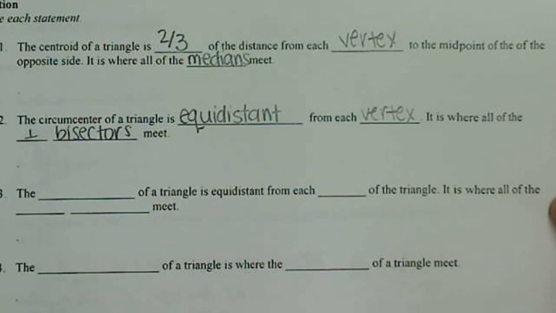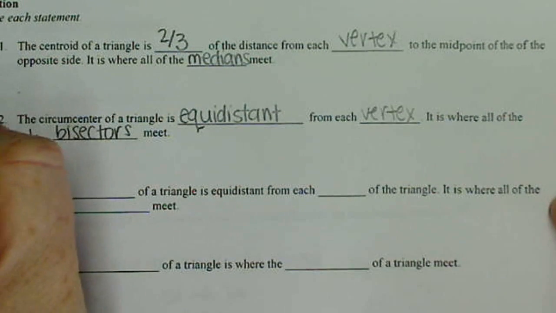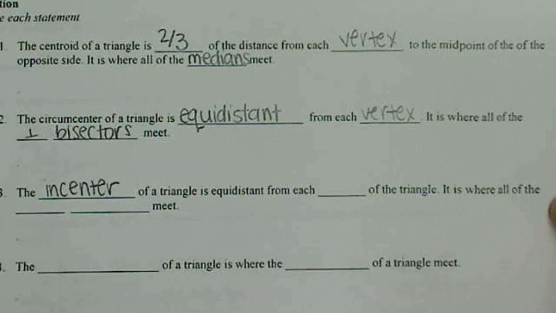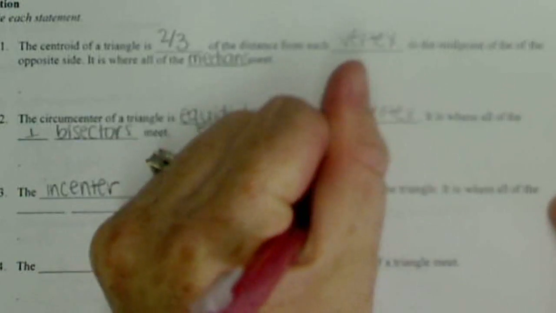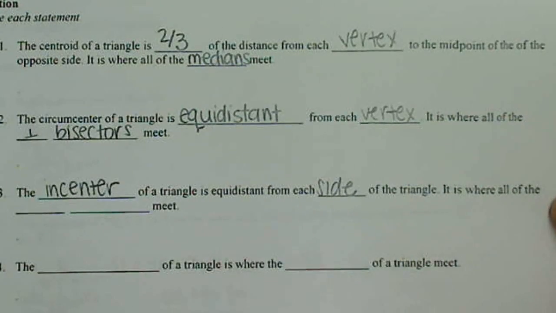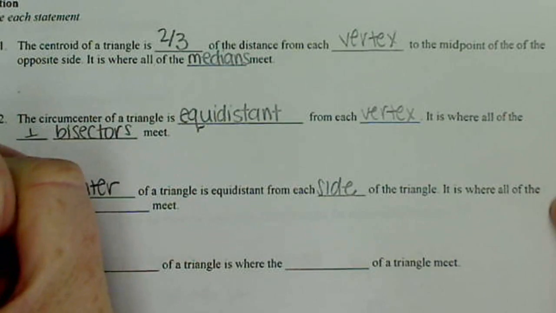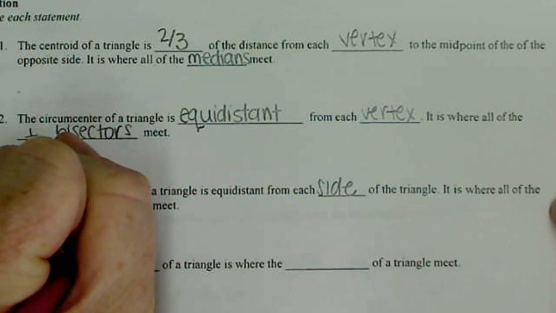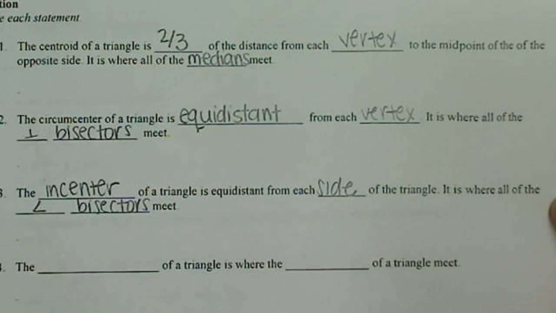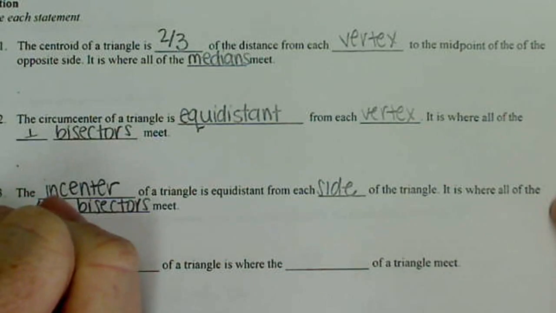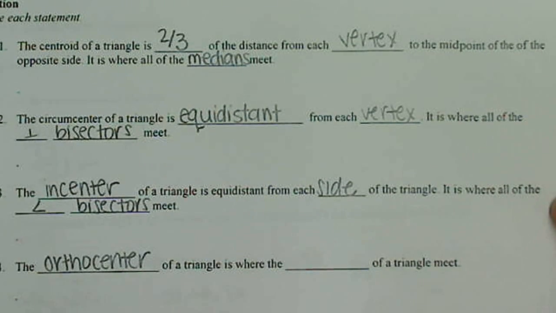Number 23, the incenter of a triangle is equidistant from each side. It is where all of the angle bisectors meet. 24, the orthocenter is where all of the altitudes meet.